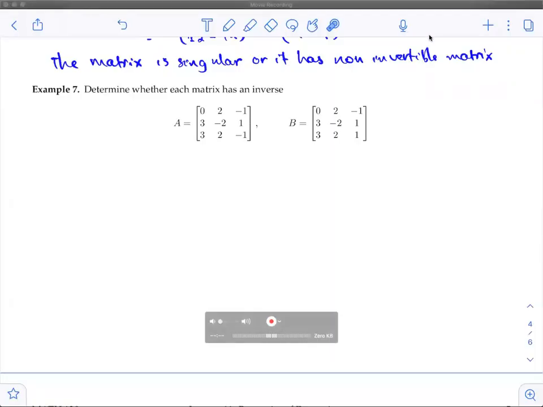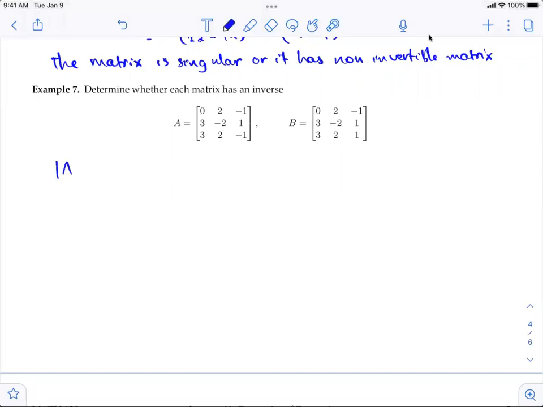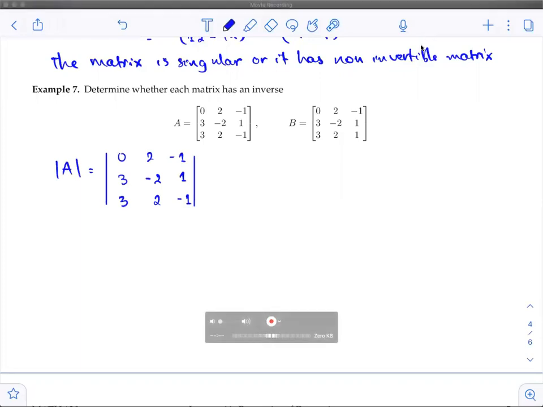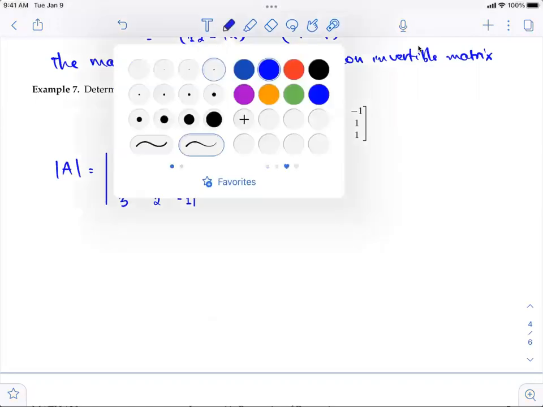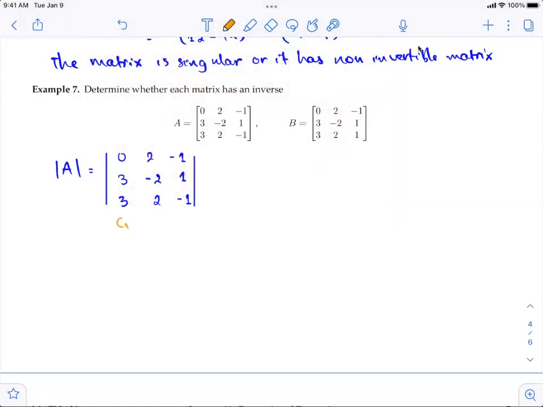So for matrix A, I'm going to do the determinant here. So the determinant is 0, 2, negative 1, 3, negative 2, 1, 3, 2, negative 1. All right. And if you notice one thing for this matrix A, let me call this column 1, column 2, and column 3.